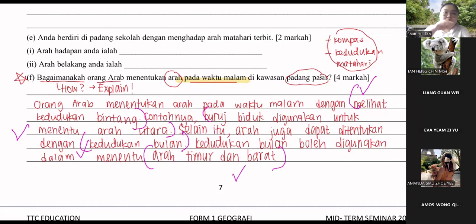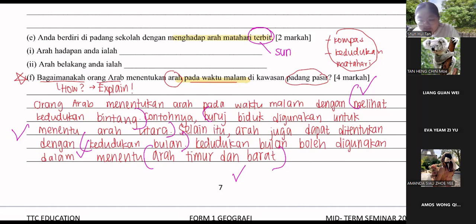All right. Now, can you tell me quickly for question E? Question E says, Anda berdiri di padang sekolah dengan menghadap matahari terbit. What does the word terbit mean? Yes, sunrise.